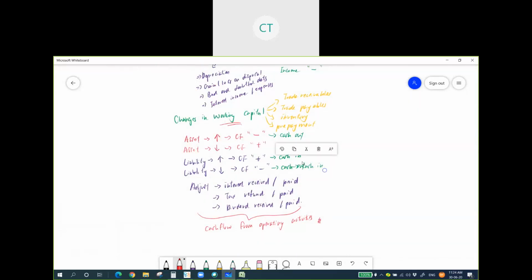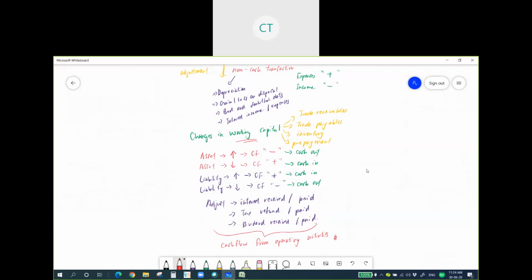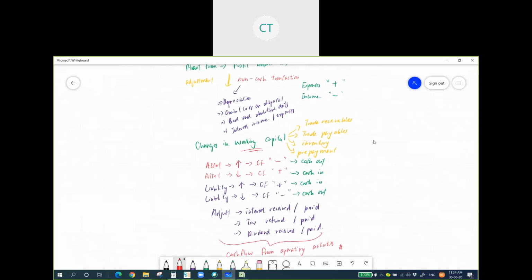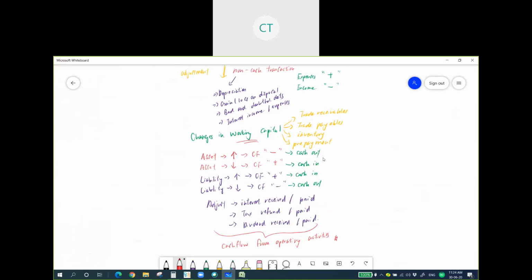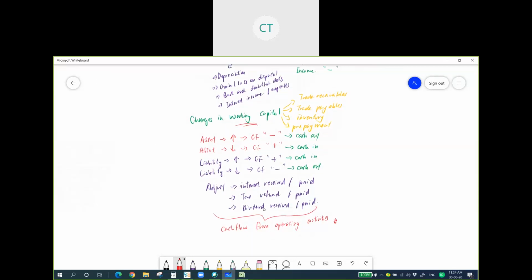So this is the flow for cash flow from operating activity. Alright, so we start from profit before tax, do the non-cash adjustment, identify the changes in your working capital, and then adjust with your interest received or paid, tax refund or paid, and your dividend received or paid.